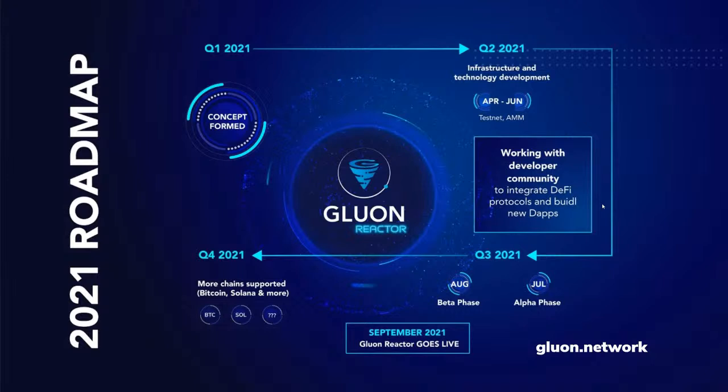But I do want to just recognize something, and I would love for Bharat to chime in for a second on this. So it seems like what we'll be able to do with Gluon Reactor is, for example, take DAI and ETH from Ethereum, move it over to Fantom, and then maybe take that Ethereum and swap it for FTM token.